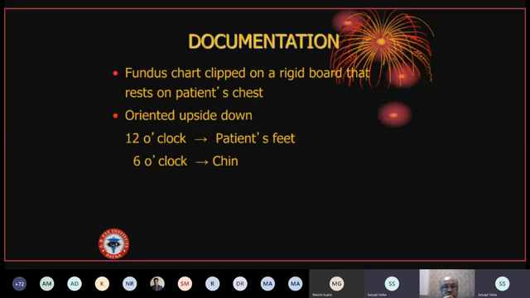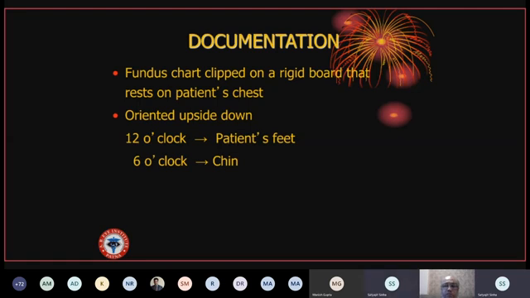Now comes a very important point of documentation. That is why I told you that when the patient is lying down supine, the fundus chart has to be clipped on the rigid board that rests on the patient's chest. Firstly, you have to be prepared with the fundus chart. The chart has to be oriented upside down. The 12 o'clock has to face the patient's feet, and the 6 o'clock has to face the patient's chin.